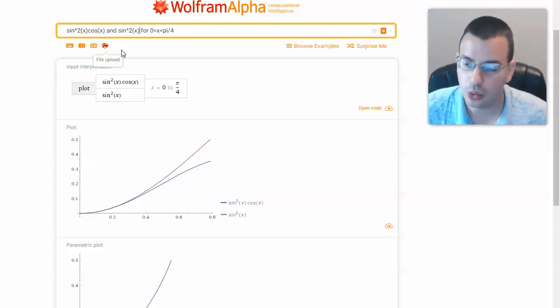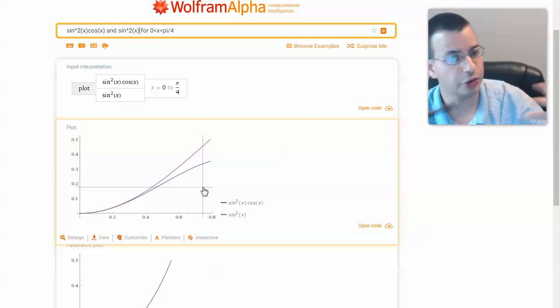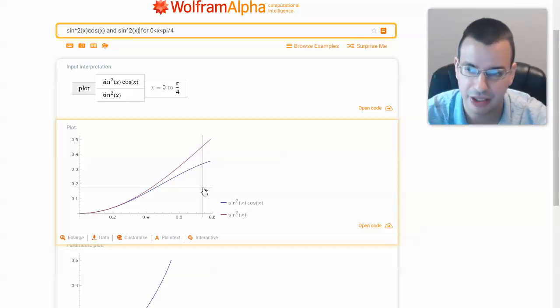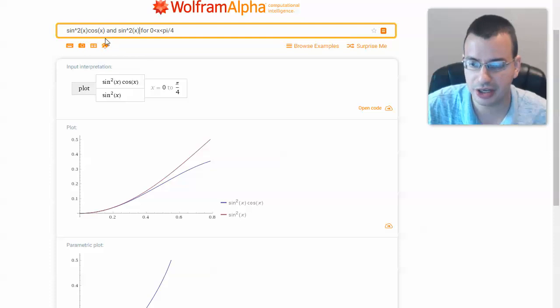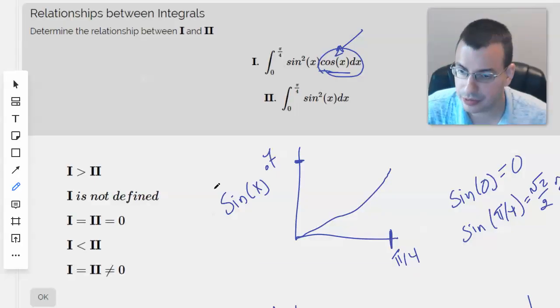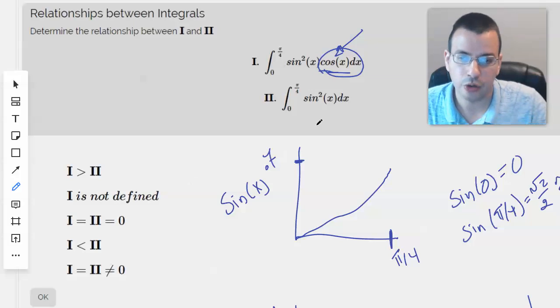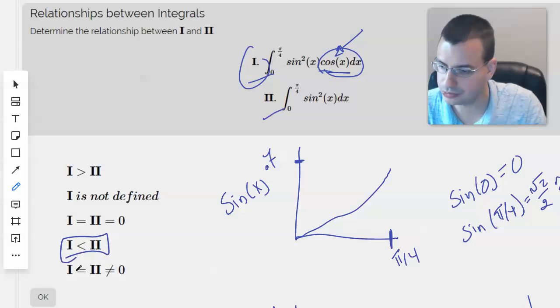And so when you're talking about the integrals of the two, the integral is just a fancy way of defining the area under the curve. So the area under the curve of sine squared of x cosine of x will be less than the area under the curve of sine squared of x. Therefore, when we're looking at these two equations, 1 will be less than 2.